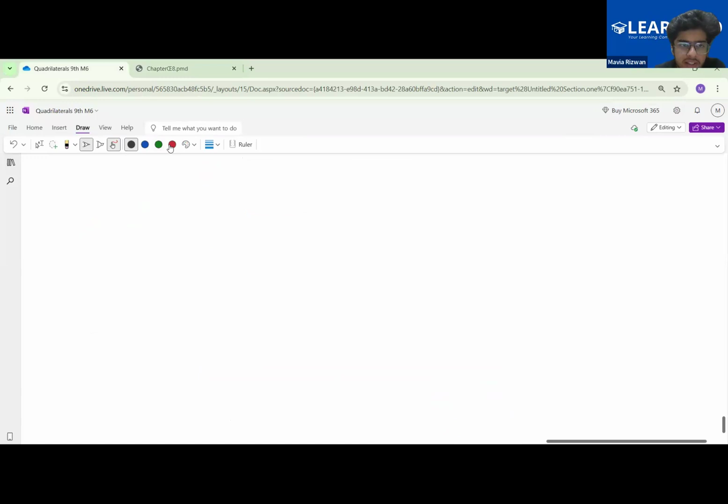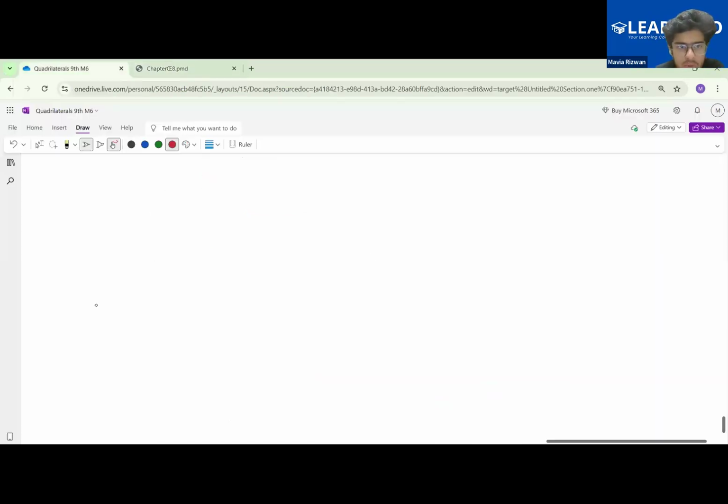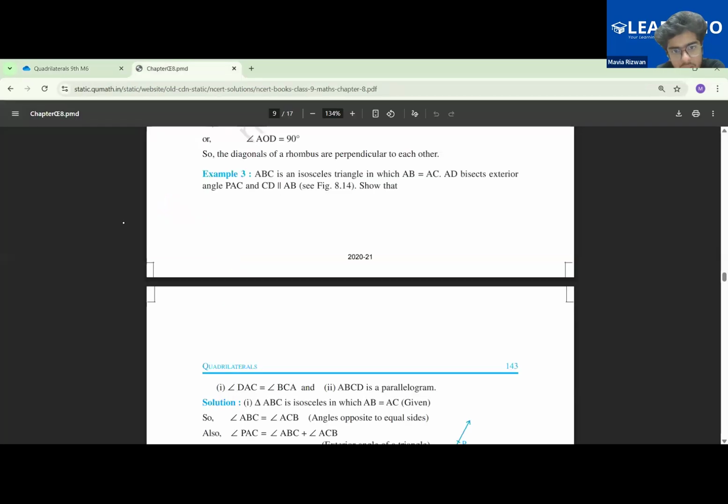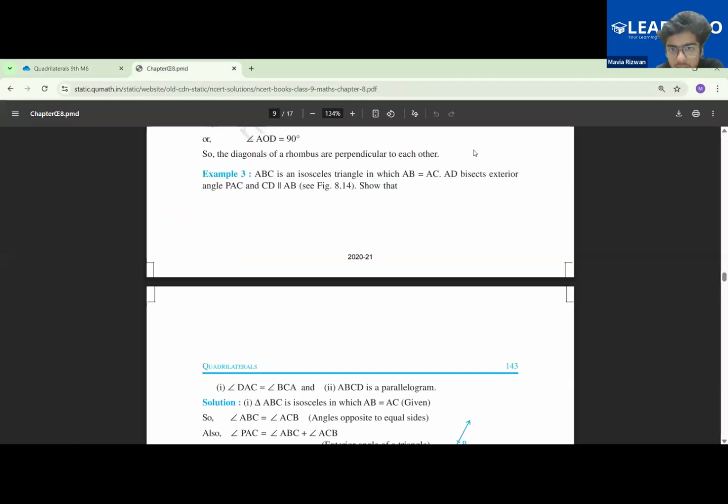They are saying ABC is an isosceles triangle in which AB is equal to AC. AD bisects exterior angle PAC.